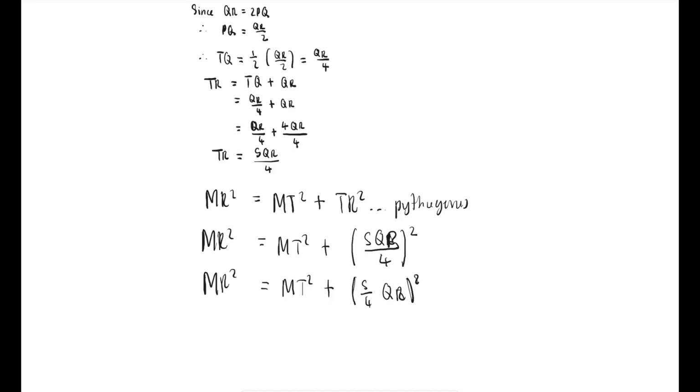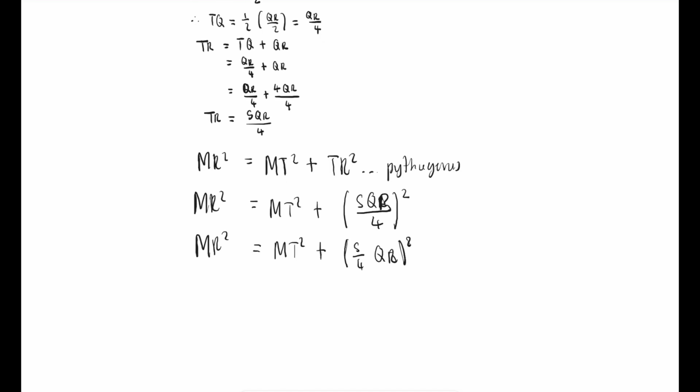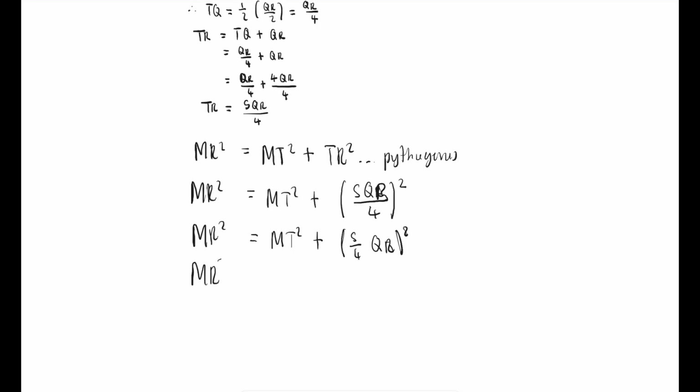And this is going to square this, and then it's also going to square this, which means that my MR squared equals to MT squared plus 25 over 16 QR squared, because 5 squared is 25 and 4 squared is 16.